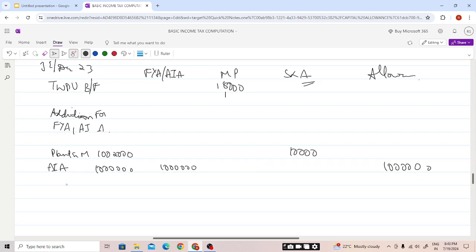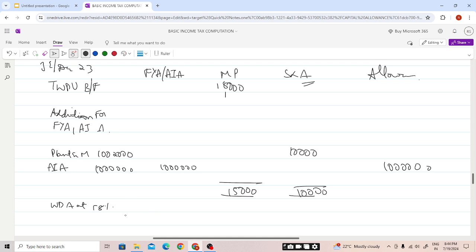Now students, any disposal? No disposal, so we will be calculating WDA at 18 percent, that is 15,000, 10,000. As this is the main pool item, the short life asset is calculated on the plant and machinery which would normally be in the main pool.